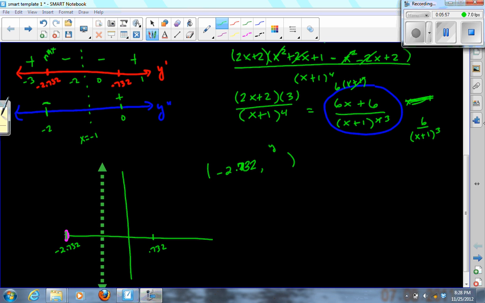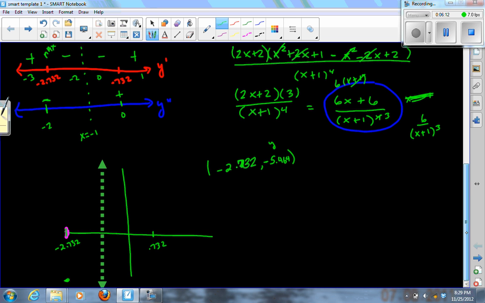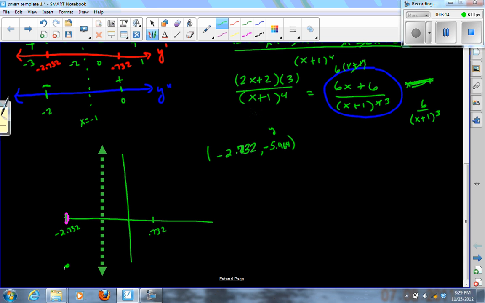Okay, so I did that in my calculator, and I got about -5.464. And so right here, somewhere down here, this is not to scale, but down here at about -5 something, I have a max.